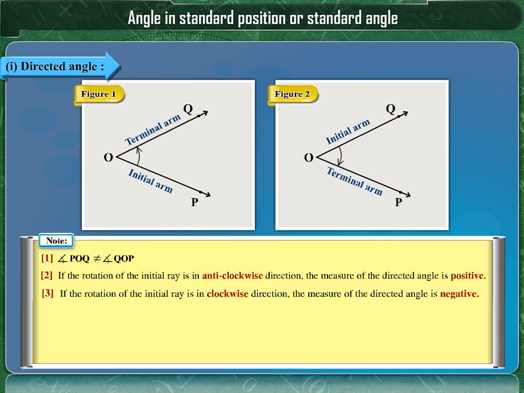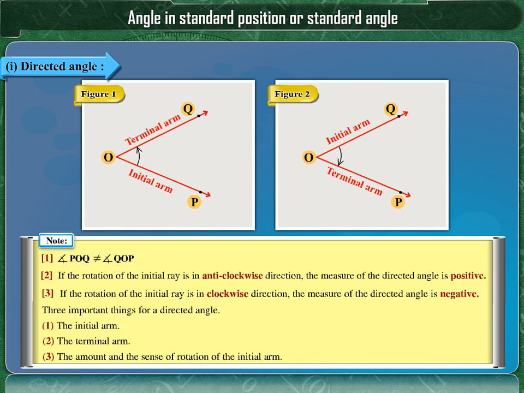Students, note that for directed angle, we have to consider 3 points, namely the initial arm, the terminal arm, and the amount and the sense of rotation of the initial arm.